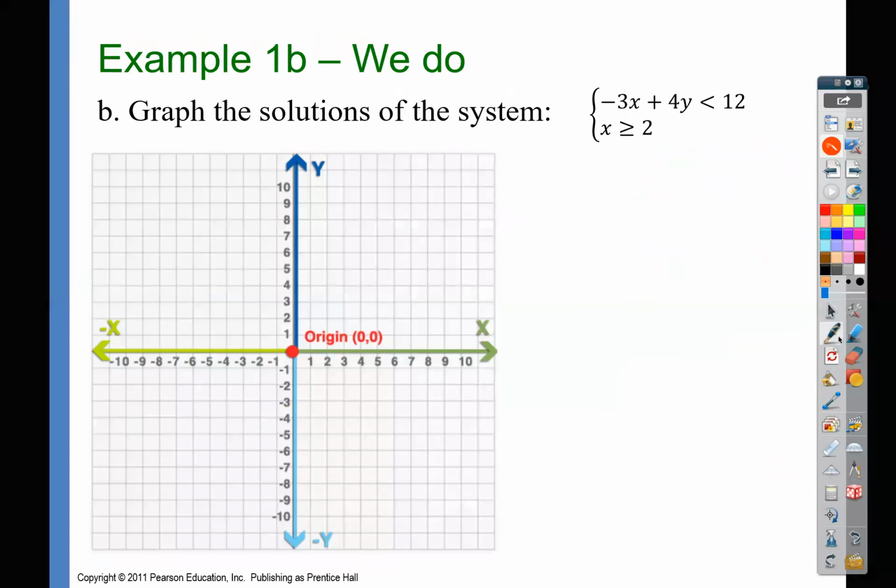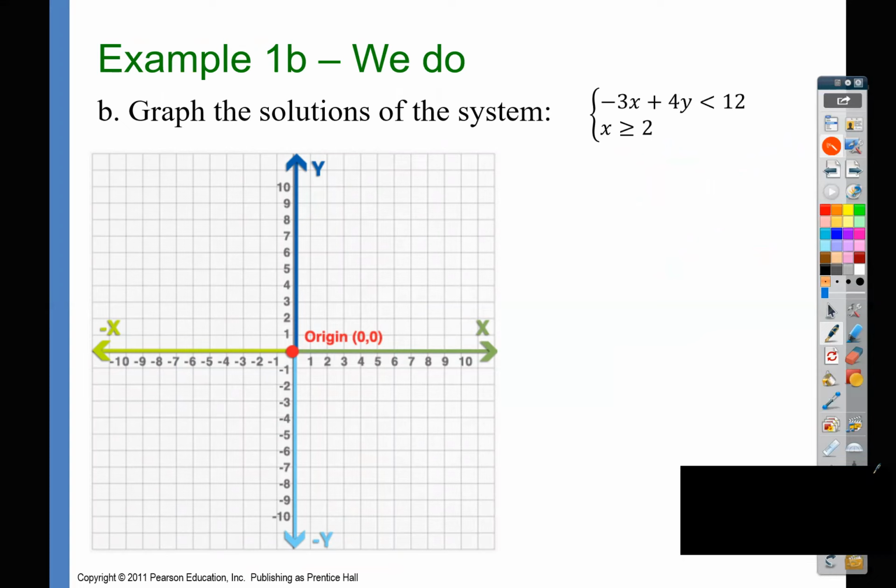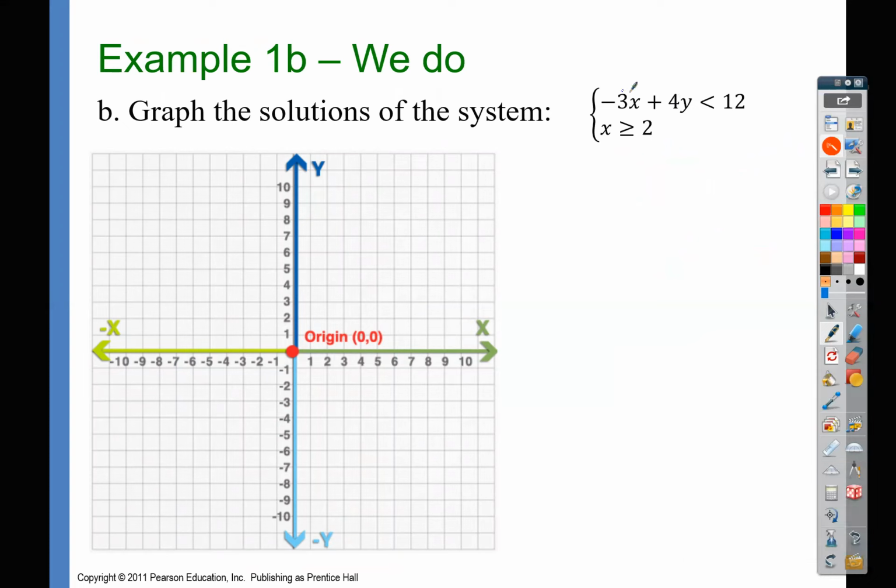Okay, let's do the second one. Graph the solutions of the system. Another way that we can graph, remember, is to plot the intercepts. If I had to plot the intercepts of this graph, we would have negative 3 times 0 plus 4y is less than 12.